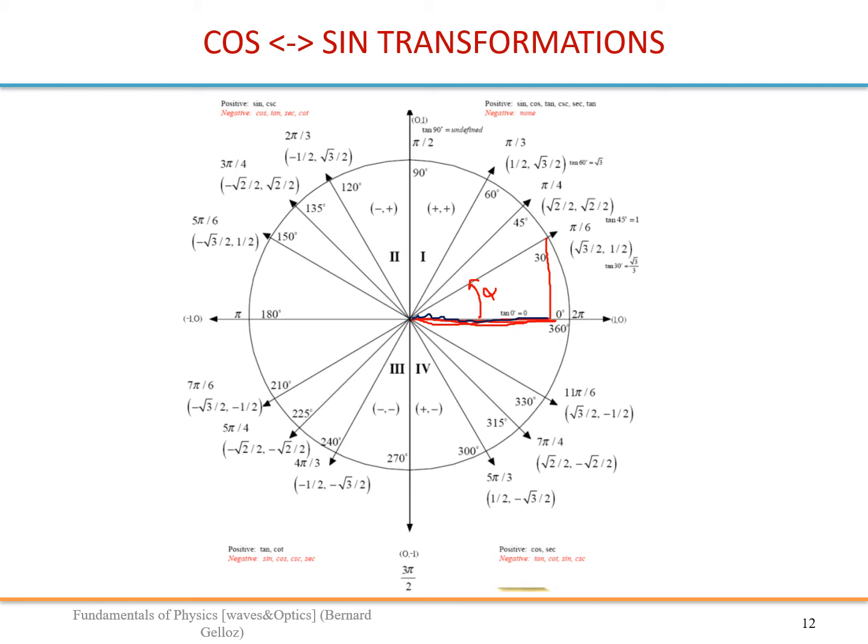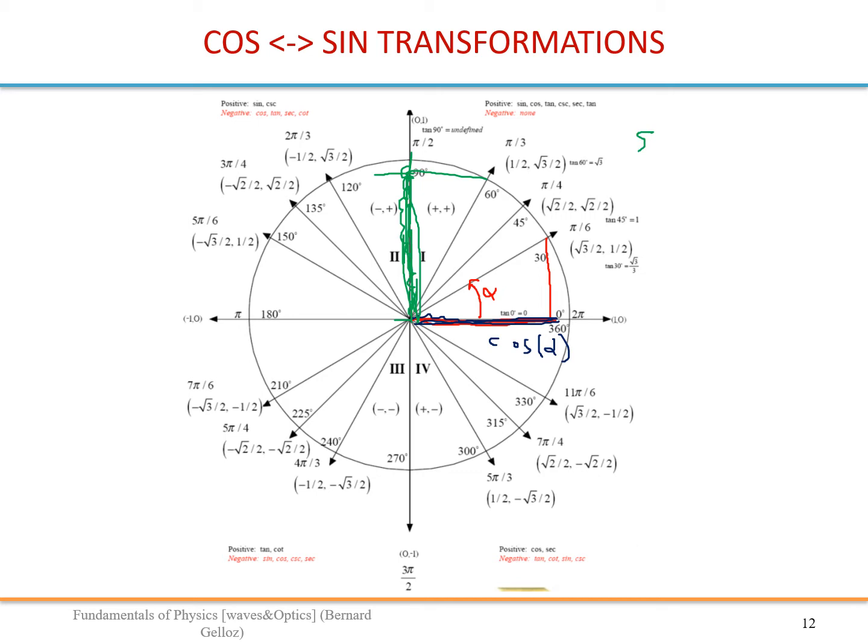Okay, so this is cosine alpha. And so you see that length, which color? Green. That length is in fact equal to that length. Okay, from here to there.